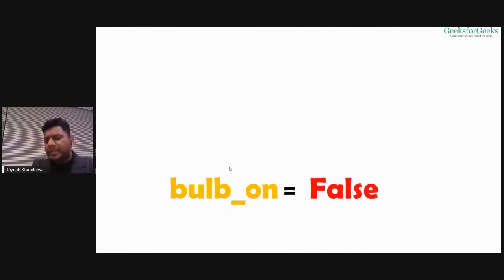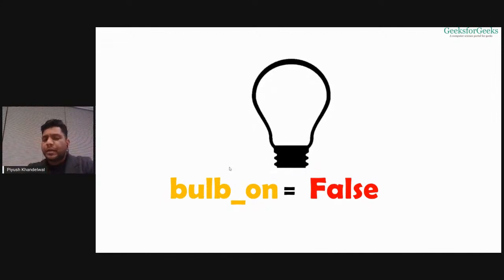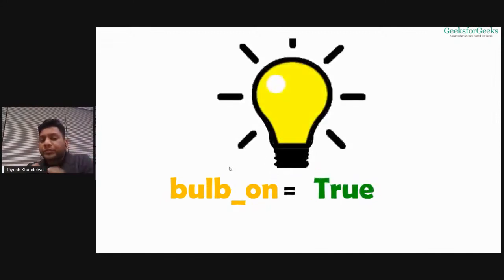Let me help you. Take a variable whose name is bulb_on, right? So suppose this variable bulb_on has value False. When this variable bulb_on has value False, you can read it like this: bulb_on is False. Bulb_on is False means the bulb is in off state. And when I say bulb_on is True, it means the bulb is lightning. It is in on state.